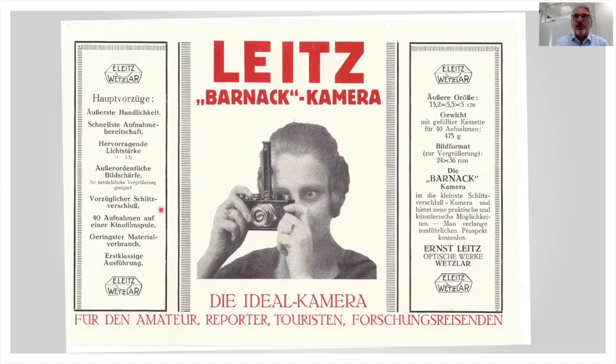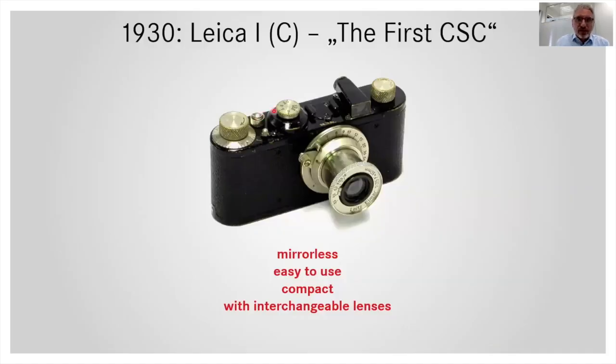This is a copy I have in my library. So in 1930, the first Leica was done. It's mirrorless, easy to use, compact, and with interchangeable lenses. When I talk about easy to use and compact, this is from the perspective at that time. I will also do a retrospective judgment later.